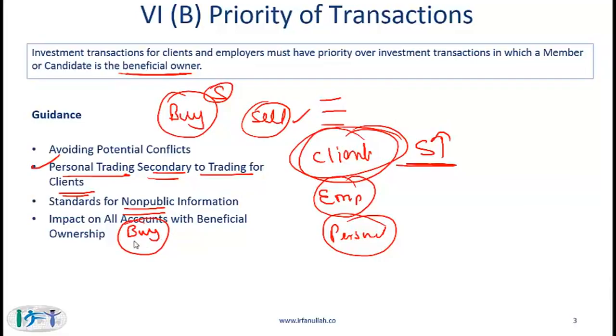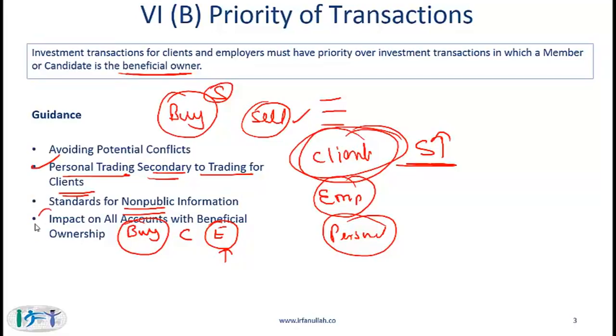The first opportunity to act on this buy recommendation should be with your clients. After that, there should be enough opportunity for your employer to act, and only once that has happened can you yourself act on that information. So this also connects with information that we have discussed earlier.